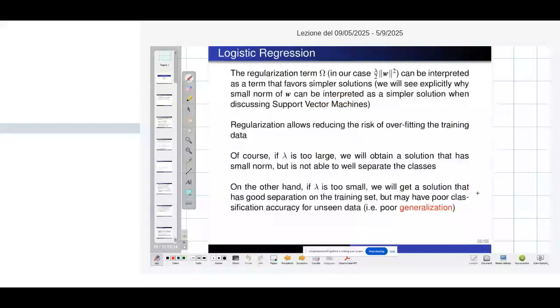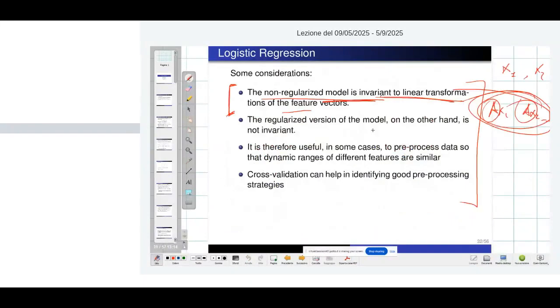However, when we introduce regularization, we lose the invariance to linear transformations. Why? Because when we regularize the square norm of W, which means we regularize the sum of the square elements of W, each of these elements is weighted in the same way and corresponds to a different component in our input space.